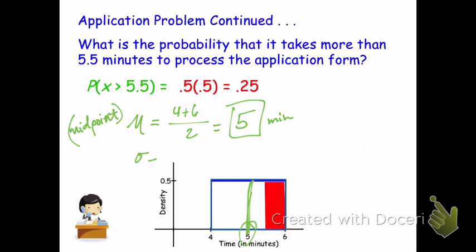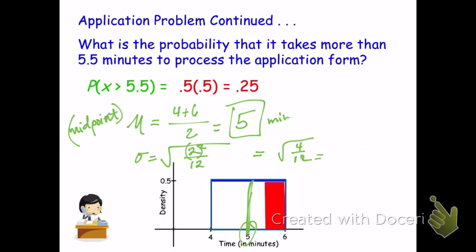And for my standard deviation, I'm going to take the square root of my range squared, which is 2 squared, over 12. So the square root of 1/6, and I don't know what that is. Somebody type that in and tell me. Oh, it's actually 2 squared, I was wrong. It would be the square root of 4 over 12.